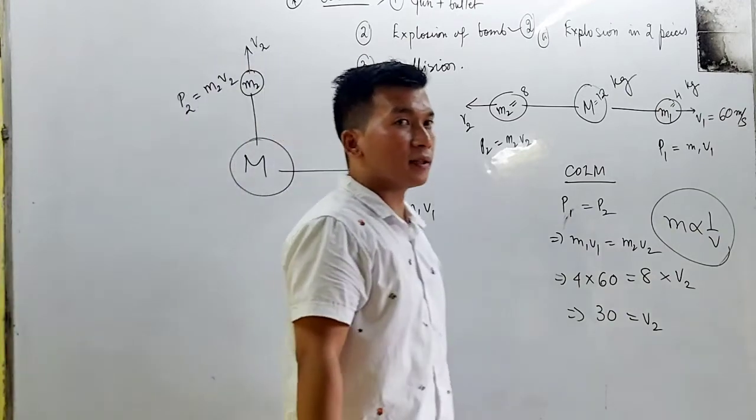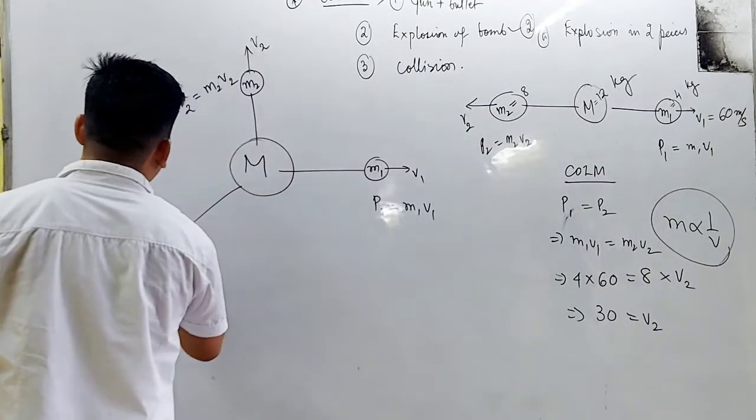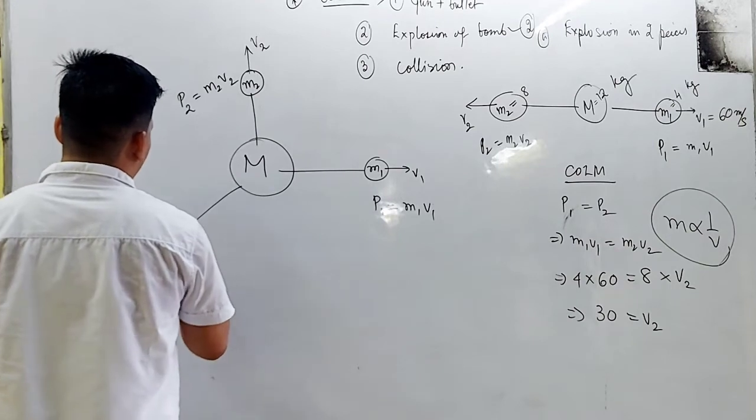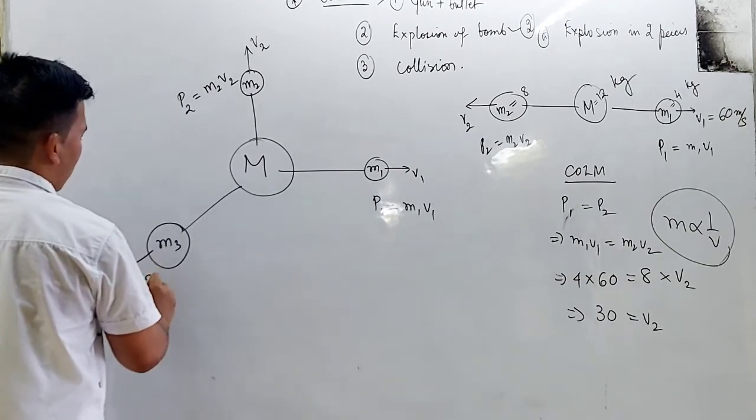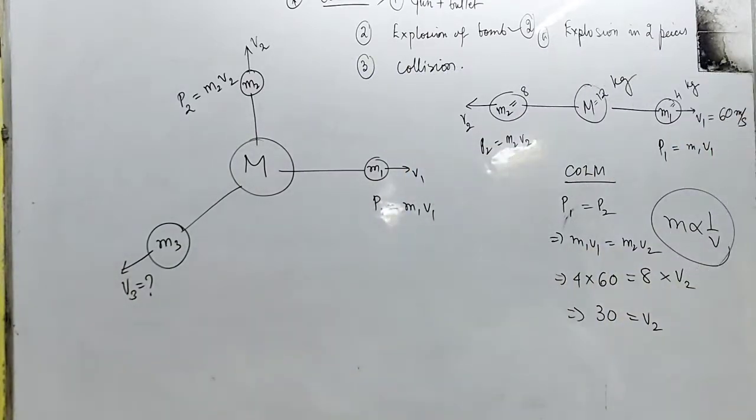Now the third fragment will be moving in this direction. This is M3, and what about the velocity V3? This is to be calculated. What will be the velocity of the third fragment? The question is: the bomb of mass capital M explodes, two pieces are moving in perpendicular directions, and in which direction and with what speed will the third particle be moving?